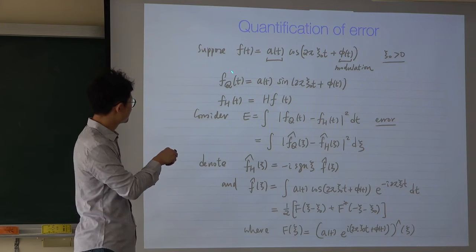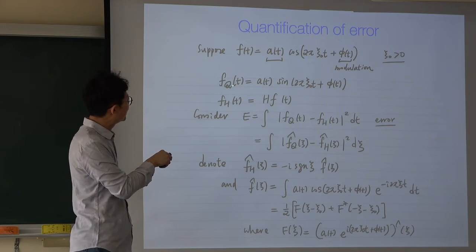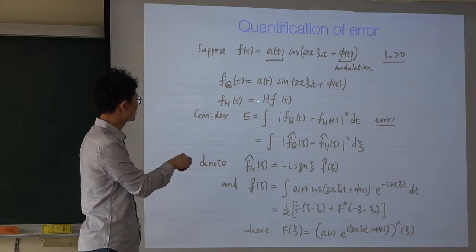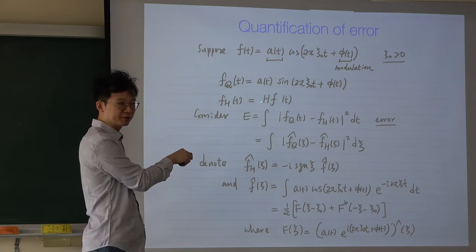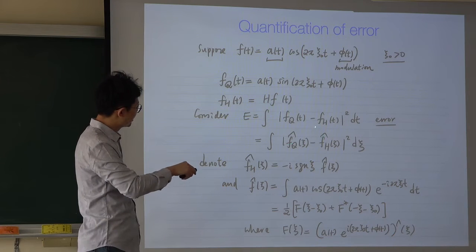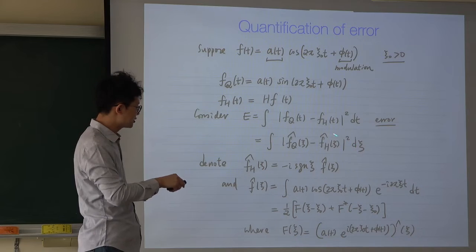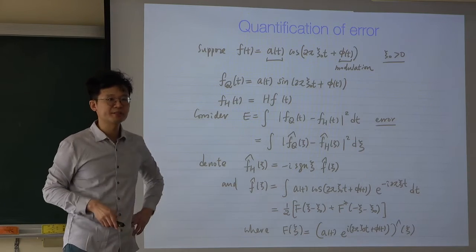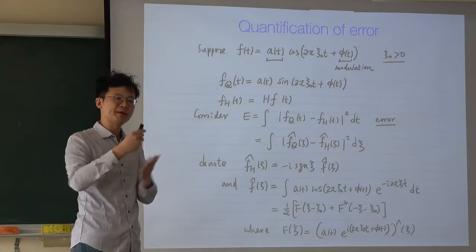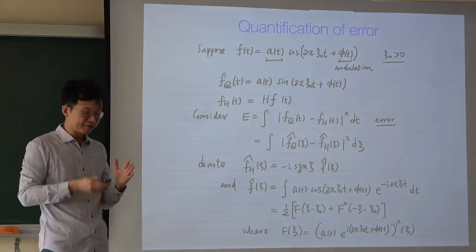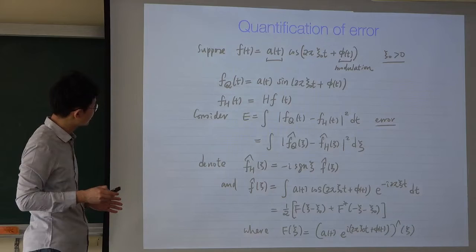Suppose FQ is what we really want, that is really the sine part of the cosine, and FH is what you can get using the Hilbert transform. Then you can just do some calculation using the L2 norm to evaluate their difference, go to the frequency domain, plug in everything, and use the relationship between F and G's spectral content.